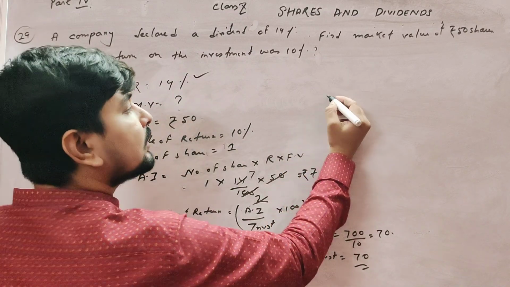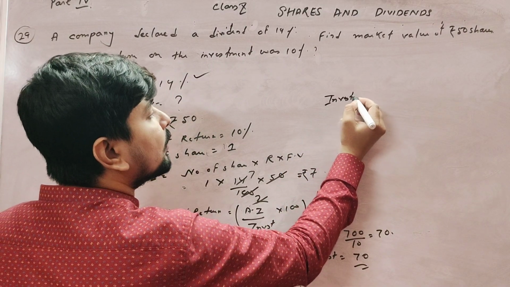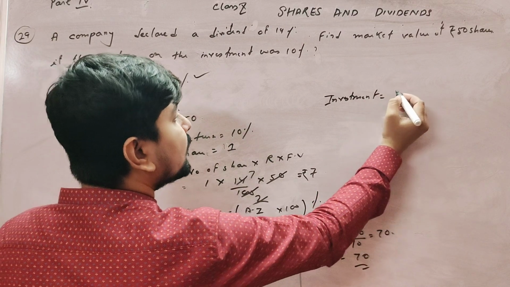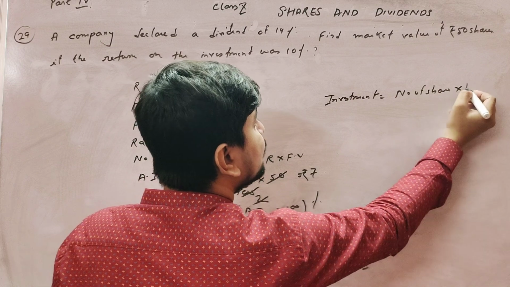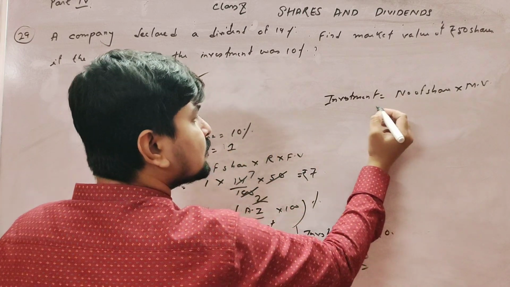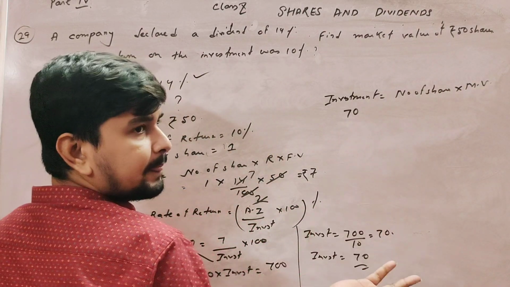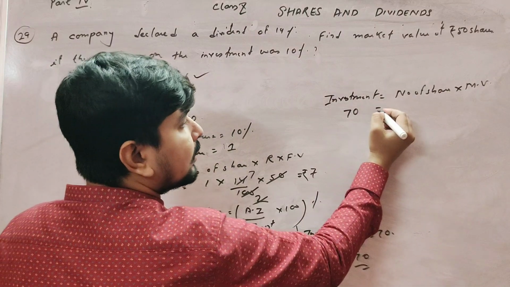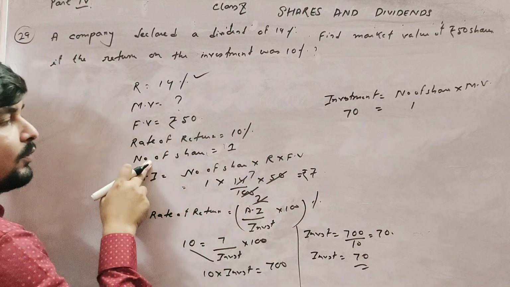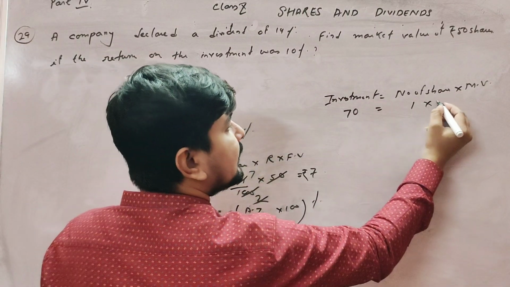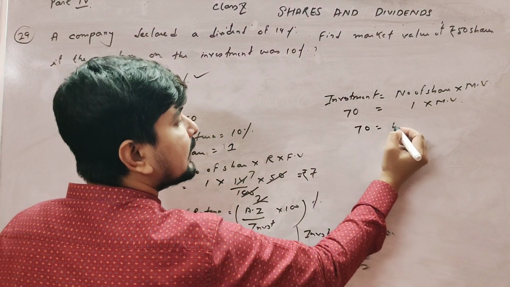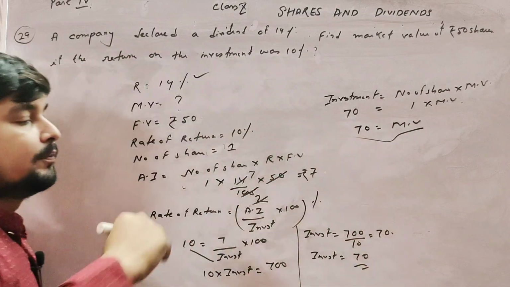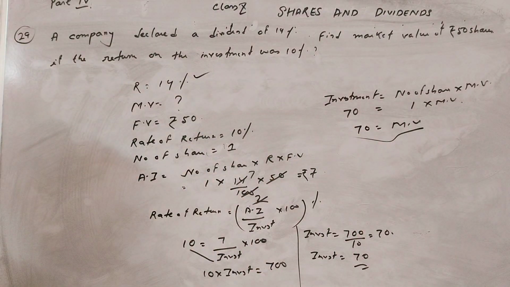Clear? Let us note the investment formula. The formula of investment is number of shares into market value of 1 share. So the investment is 70. The number of shares we have taken is only 1, so 1 into MV is MV. Therefore the market value is 70 rupees. Clear?